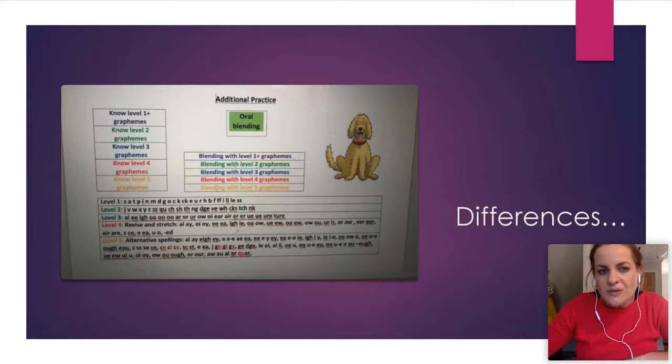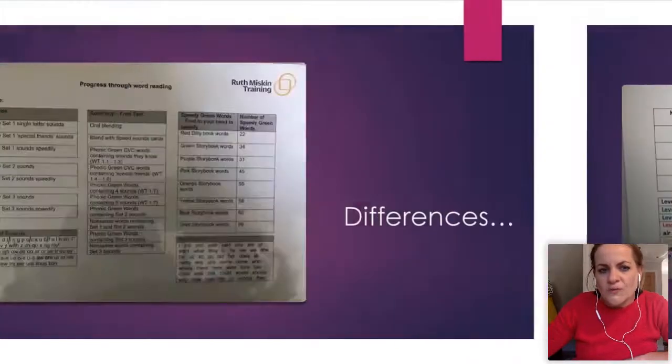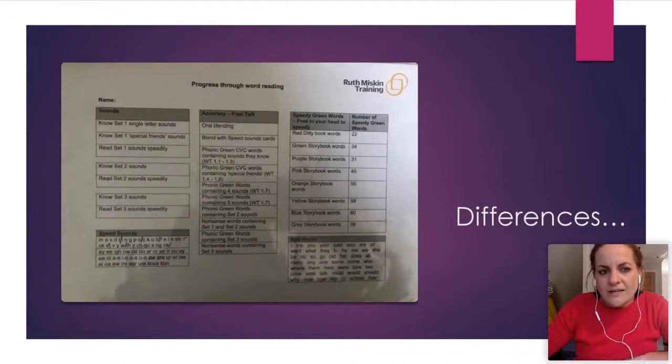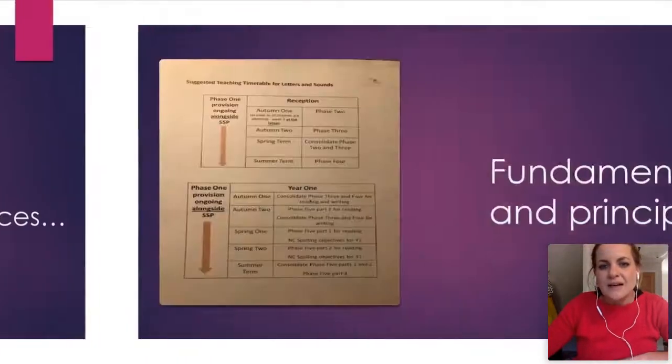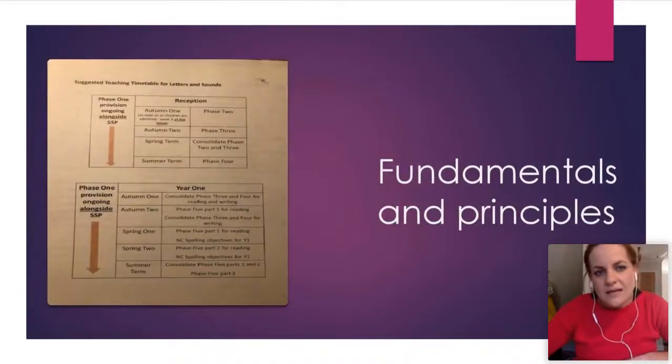On entry into school, we should be starting with these graphemes on level one, and then with Read Write Inc., Set 1 sounds, which are those at the top here. If they're falling slightly behind, they haven't kept up with that program, then the ability to distinguish those sounds, Phase One, runs alongside.